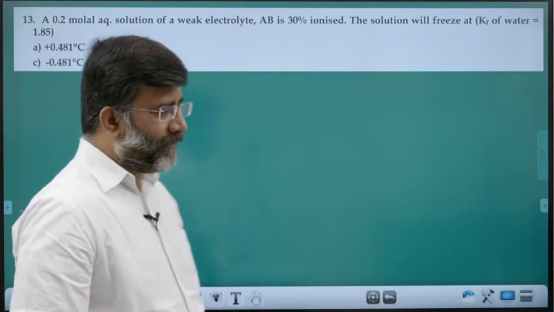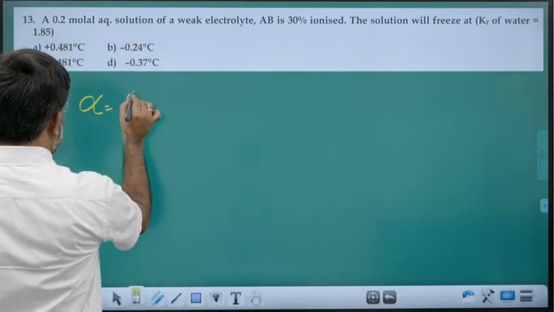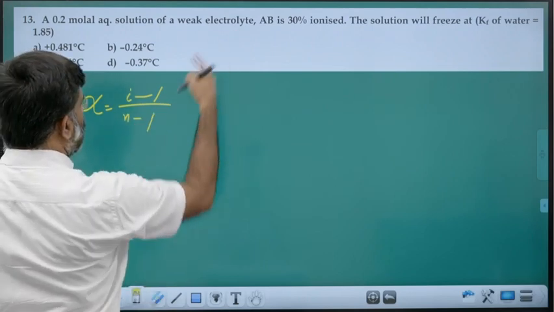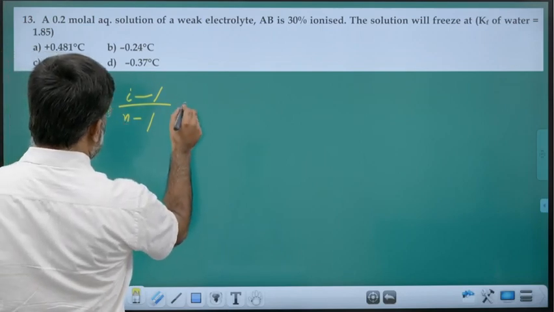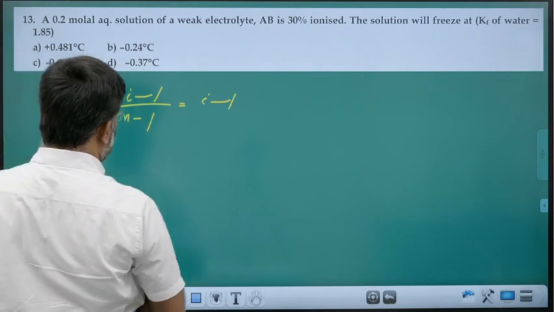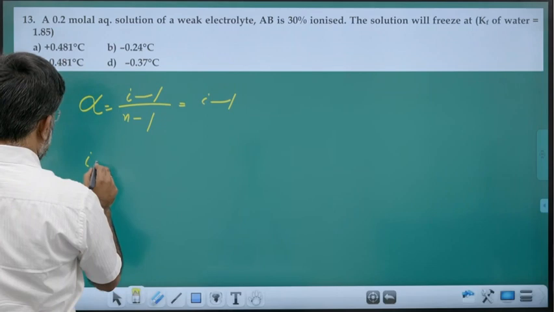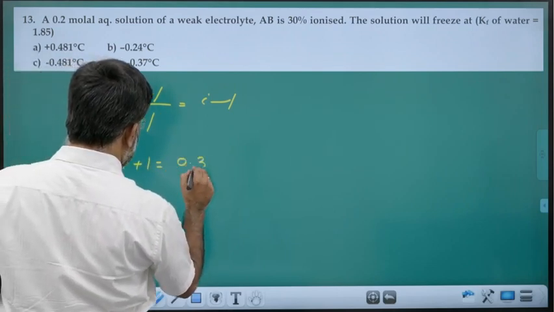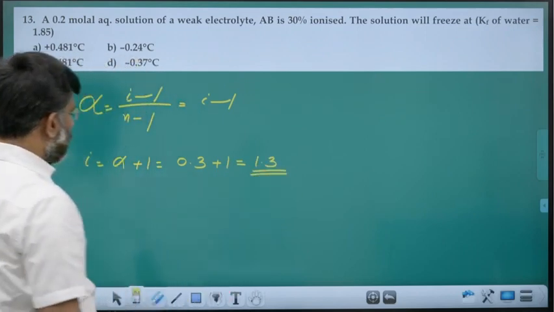What is i? You can evaluate it like this. Alpha is equal to i minus 1 by n minus 1. It is an AB type electrolyte. For an AB type electrolyte, n is equal to 2. So it will be i minus 1 by 2 minus 1, that is 1. So alpha is equal to i minus 1, and therefore i is equal to alpha plus 1. Alpha is given as 30%, plus 1, it is 1.3. You get i.